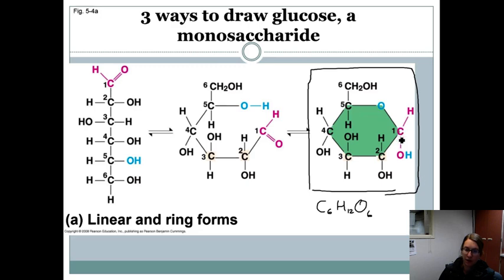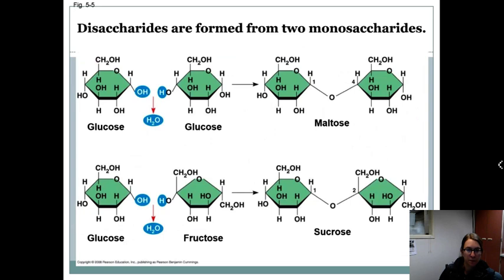So we could count 1, 2, 3, 4, 5, 6 C's. For H's, we got 1, 2, 3, 4, 5, 6, 7, 8, 9, 10, 11, and where am I missing? Oh, this one, 12. So we got 12 H's, and if you count, you'll get 6 O's as well.